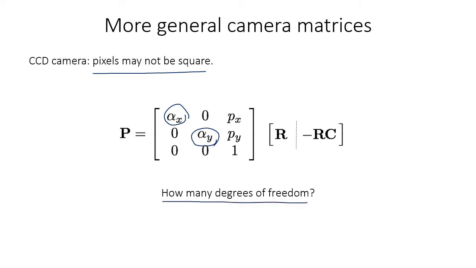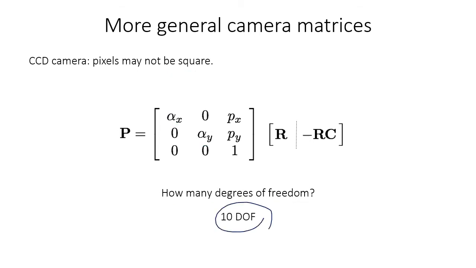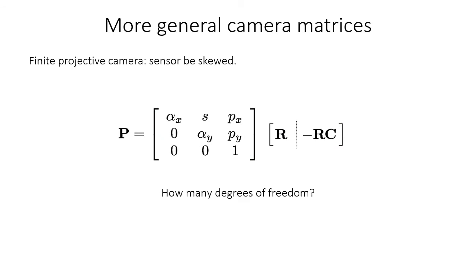How many degrees of freedom? It is 10. There are 4 degrees of freedom for intrinsic matrix, and 3 for rotation, and 3 for translation. So 4, 3, 3. Now we have 10 degrees of freedom, right? There is another generalization of camera matrix.